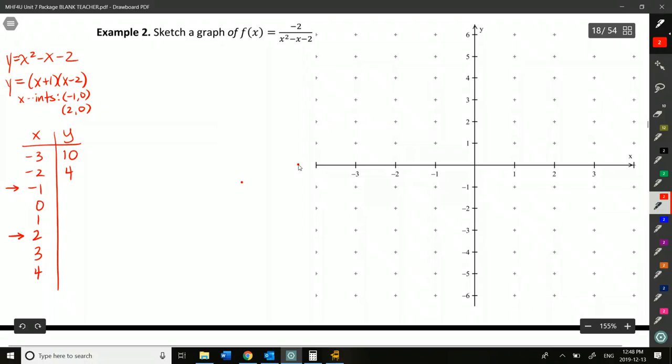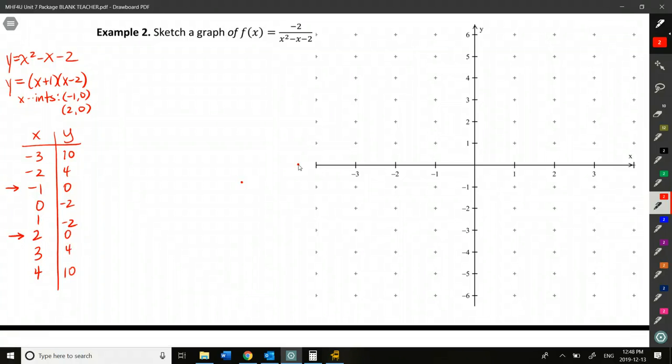Okay, what are the points, guys? Aaron, go. I got 10, 4, 0, -2, -2, 0, 4, 10. Okay, that makes sense. So -3, 10, then 4 is 10. Oh, wait, yeah, you're right.